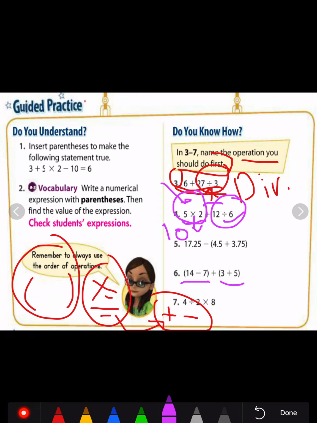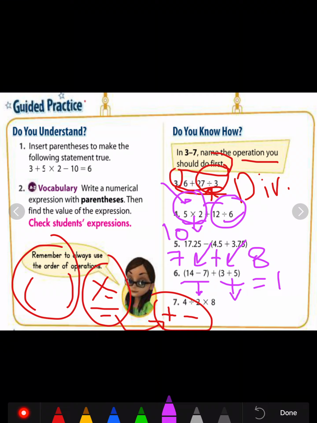Because we start with the operations inside the parentheses first, we can start with the one on the left, 14 minus 7, then we do the other parentheses, then we add the two values. So 14 minus 7 equals 7, plus the other parentheses, 3 plus 5 equals 8. So 7 plus 8 equals 15.